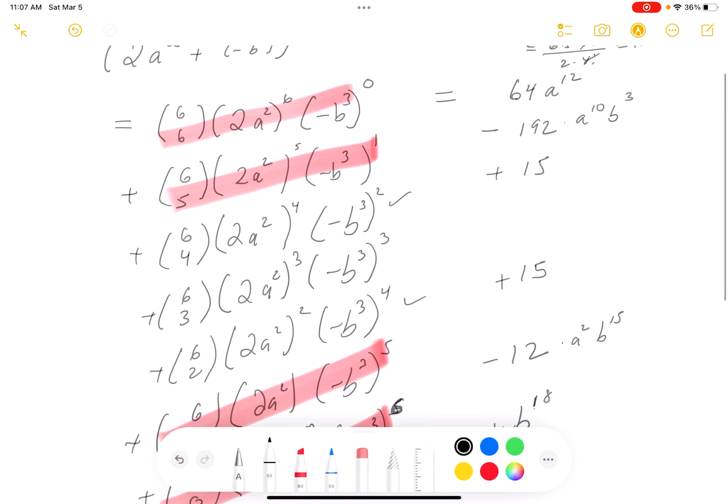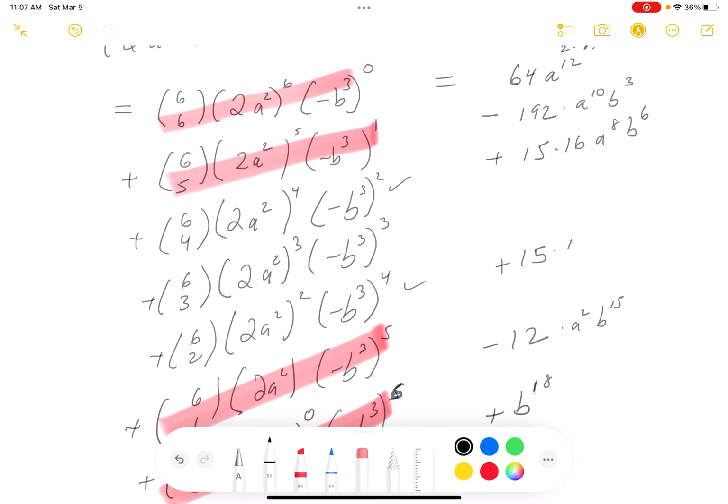All right, let's keep going. And I'm looking at this. 2 to the 4th power is going to be 2 times 2 is 4, 8, 16, right? And then you're going to get a to the 8. And you're going to get b to the 6. Let's do the other one, and I'll simplify it later. And let's see. That was going to be 4.